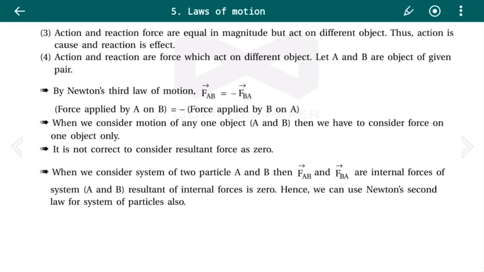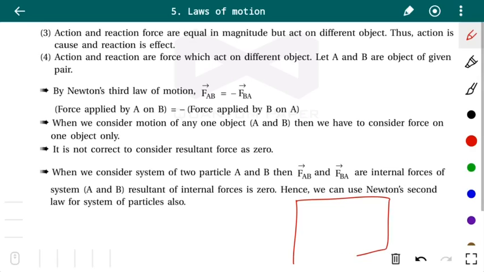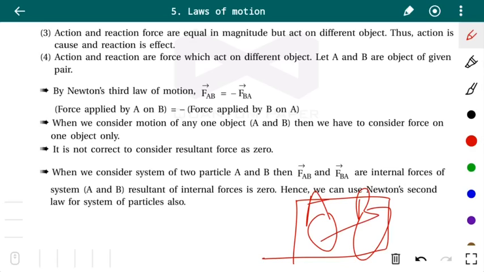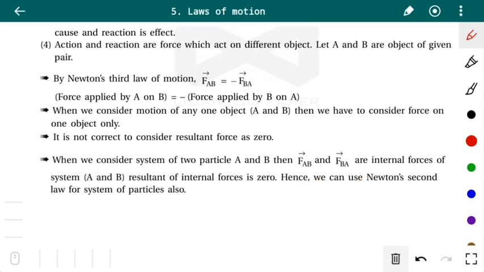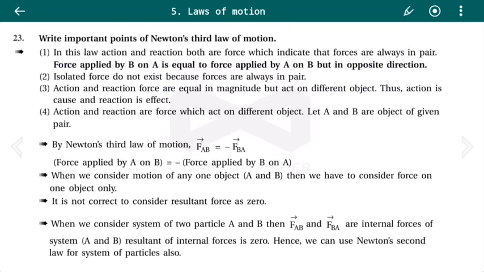That means if we consider the force of A on B and the force on B from A, and these two objects are considered as a system of particles, then these two forces are internal forces and the resultant of these internal forces is 0. So we can use Newton's second law for the system of particles also.